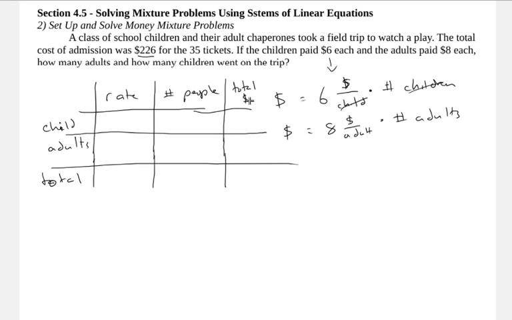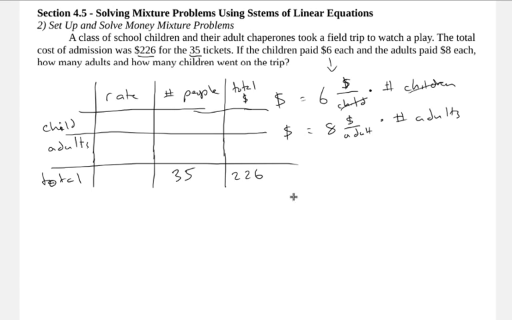The total cost of admission is a dollar value, so that's how I know I'm in the third column. The total cost should be $226 here. The total is for 35 tickets. Again, this is the number of tickets, or the number of people. That's the same column here, but it's overall for everyone, not for the children or the adults. So I'm going to put it down here in the total column.